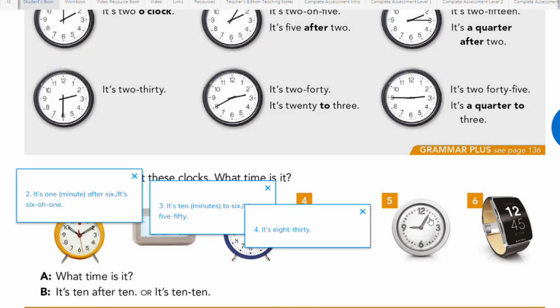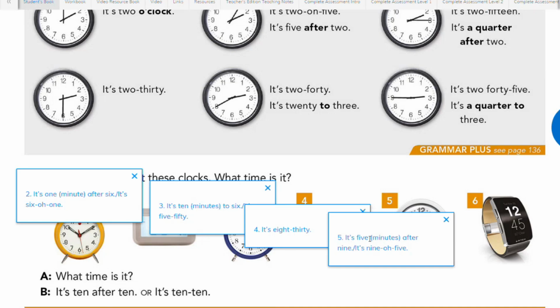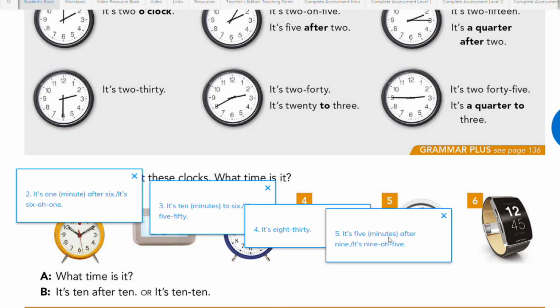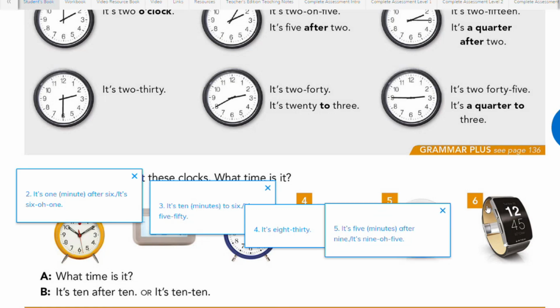Clock number 5. Wow, this is difficult. And the small one strikes the time, the hour. In this case, it's 9:05. I took the second one here. Or it's 5 minutes after 9. And finally, it's 12:45.